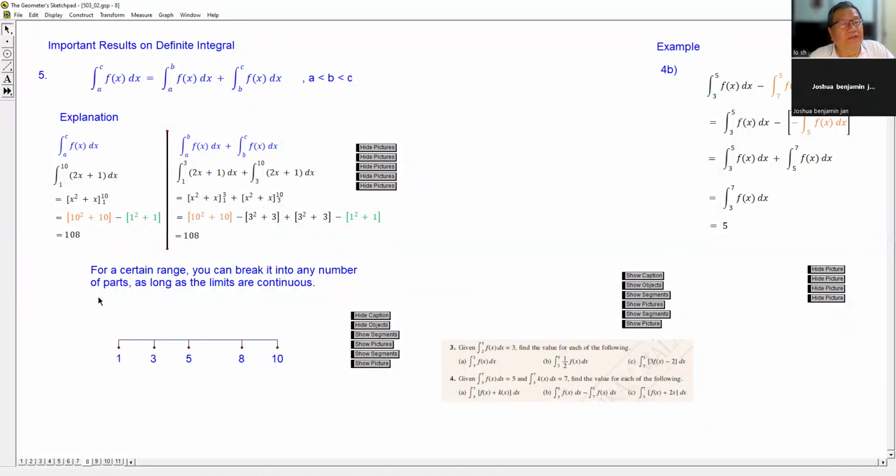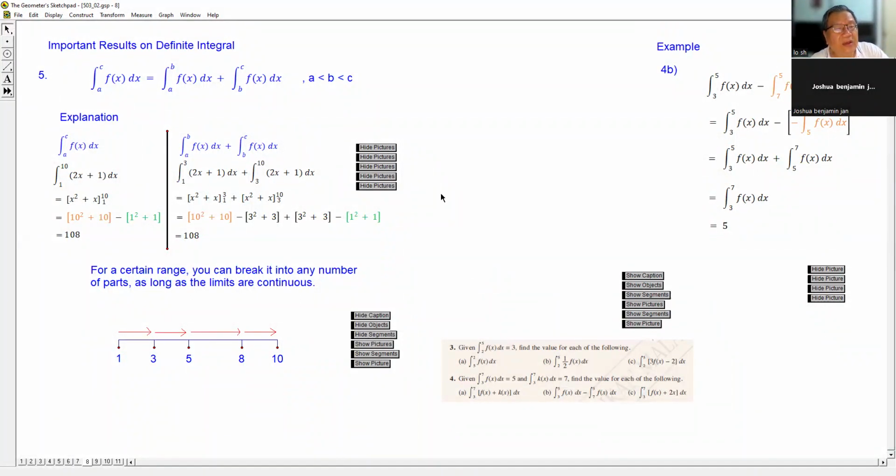Now, let's say we have 1 to 10, shown on a number line. You can actually integrate from 1 to 3, 3 to 5, 5 to 8, 8 to 10. You can break it into as many parts as possible as long as they are joined together.